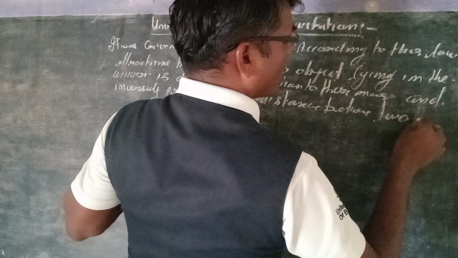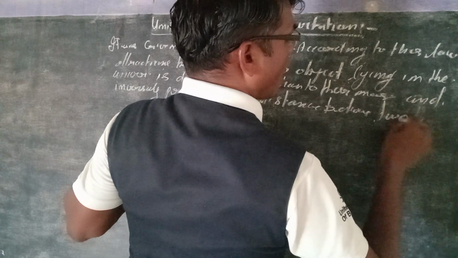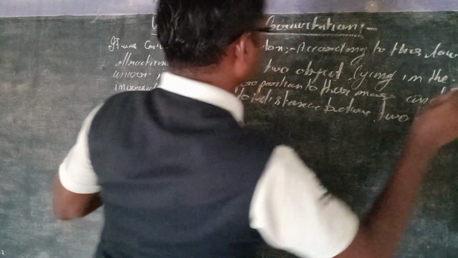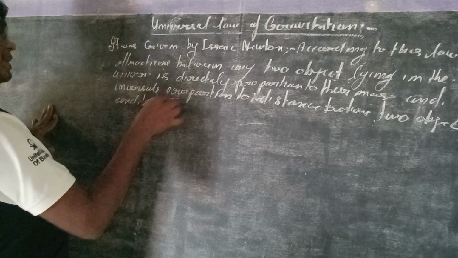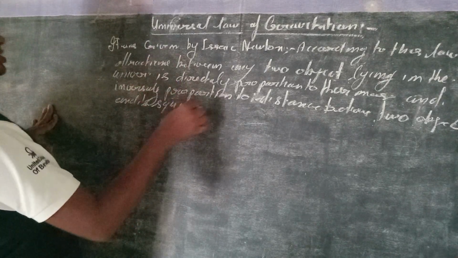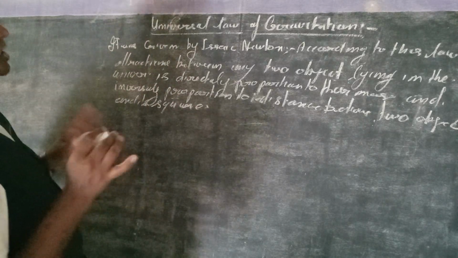The distance between two objects is squared.